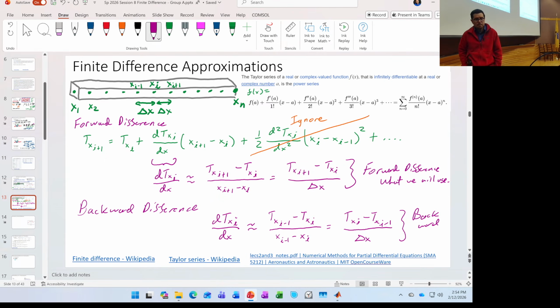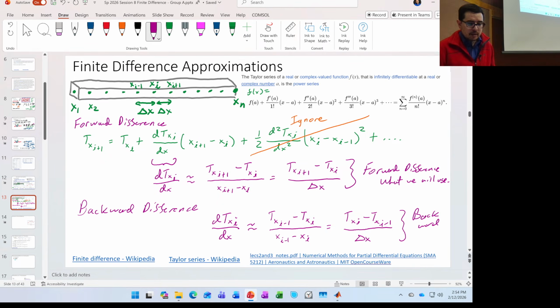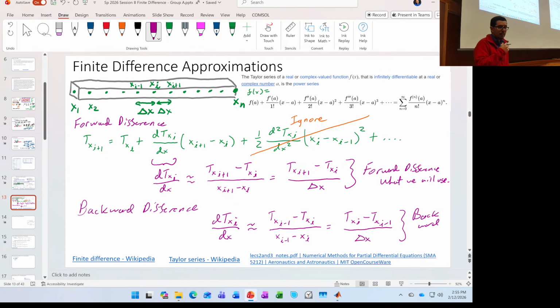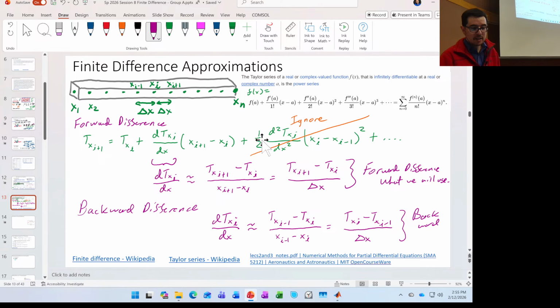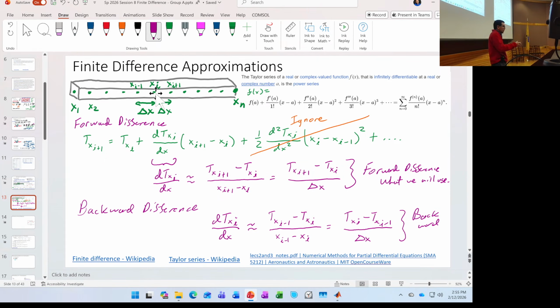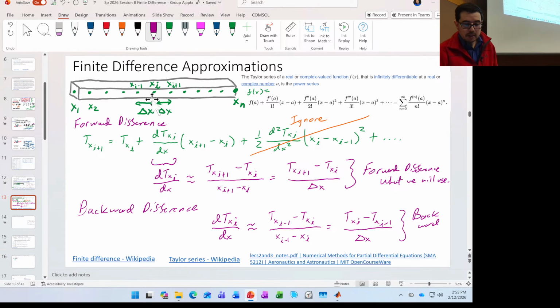So when would you want to use the backward? Well, let's say everything is awesome in the middle. I can go forward or backward to figure out what the slope is at a given location. What does that mean? That means if I want to figure out what the slope is at x of i, I could use the value over here, and that would be forward, and the value here, and I can figure that out that way.